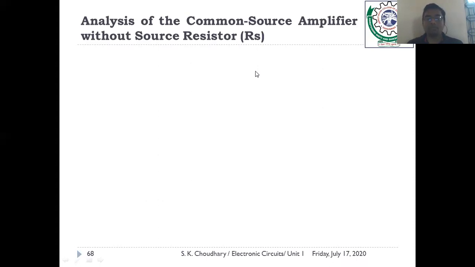For the common source amplifier, there are two different analyses for two different conditions. First is without source resistor. So we start with this particular point, analysis of common source amplifier without source resistor.